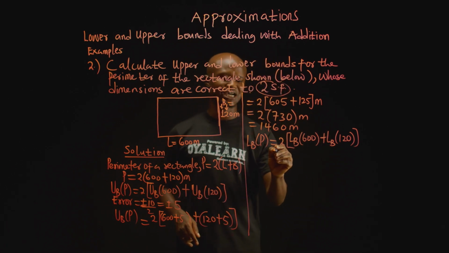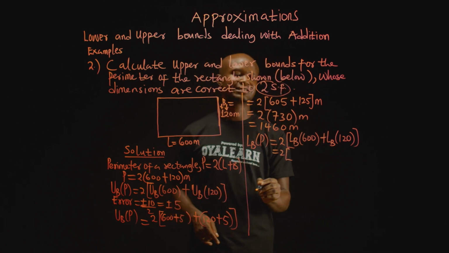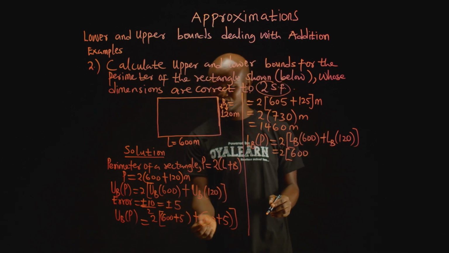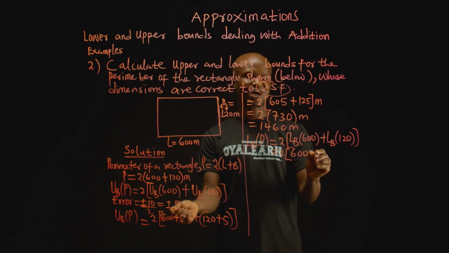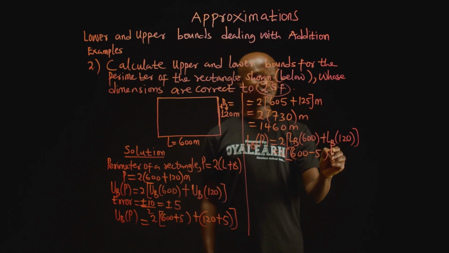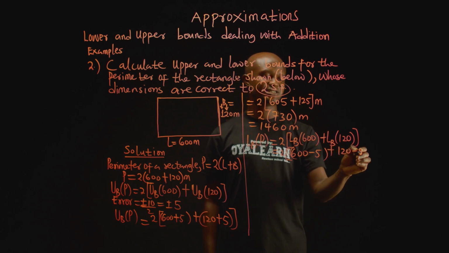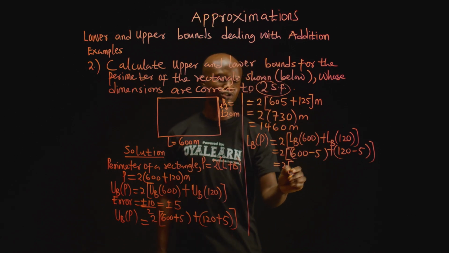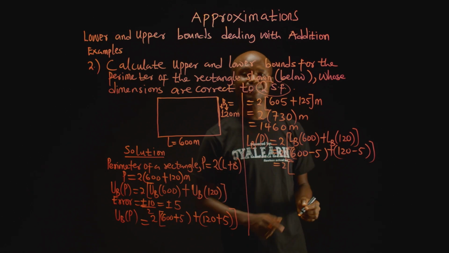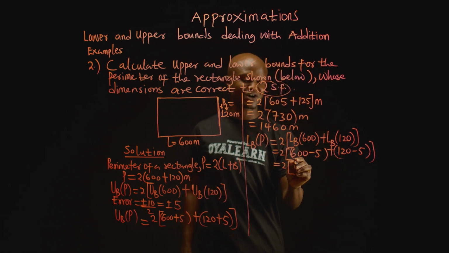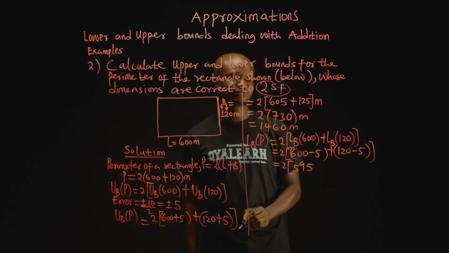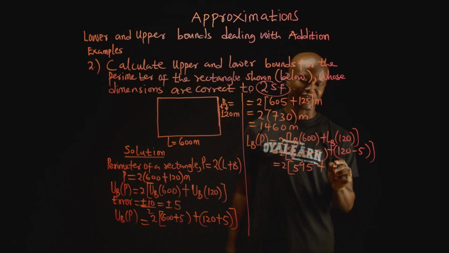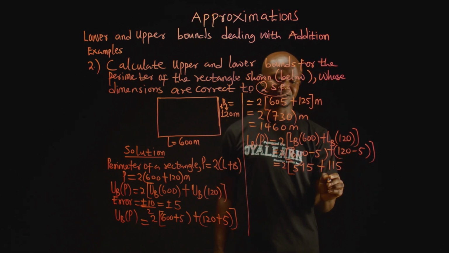So we now have 2 into brackets: lower bound of 600, which is 600 minus 5, then 120 minus 5 also. 600 minus 5 will give us 595, while 120 minus 5 will give us 115.